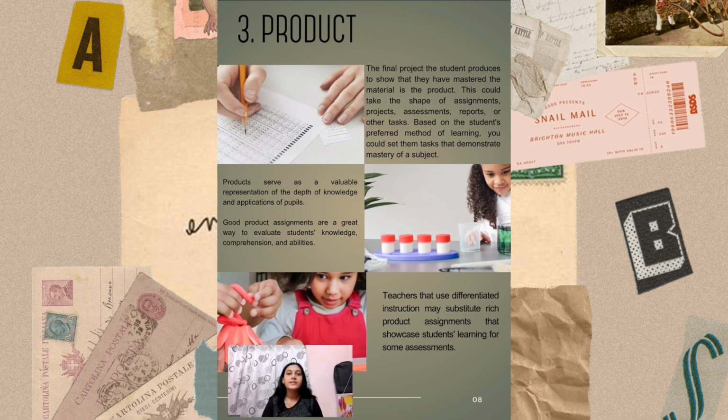The teachers can set them tasks depending on the student's preferred method of learning, which will demonstrate their mastery of a subject. These products also serve as a valuable representation of the student's understanding, which simply means that if the students understand a topic better, they will produce a good product.